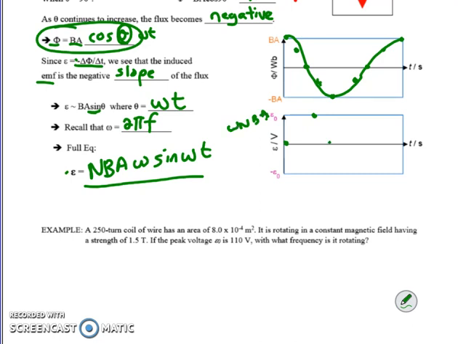Then it drops to 0, goes to a negative max, and then rises, and we get our familiar sine curve. So this is flux, this is EMF. This is the slope of that, I should say the negative slope. So we go from a positive cosine to a positive sine.